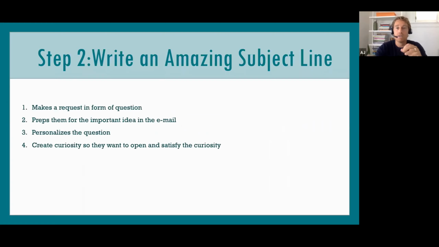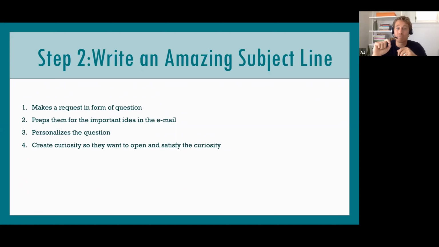Step 2, you've got to write an amazing subject line. And there are 4 ways to do this. One is, and there will be people who disagree about this, and that's totally fine, but this is my own view: you need to make a request in the subject line in the form of a question. So even the subject line is activating them, is actually asking something of them.